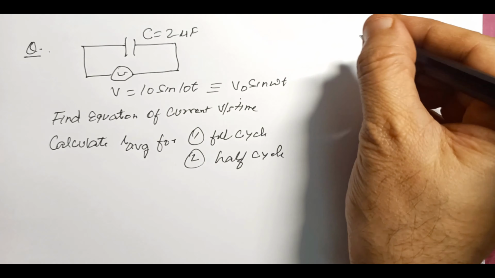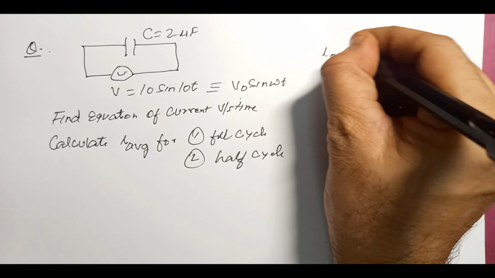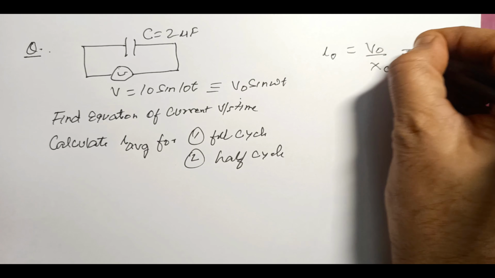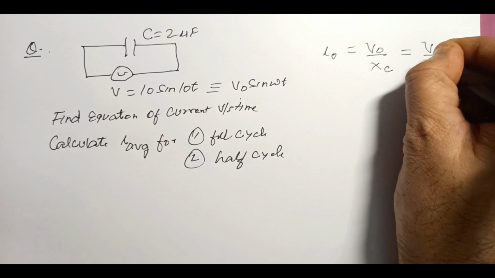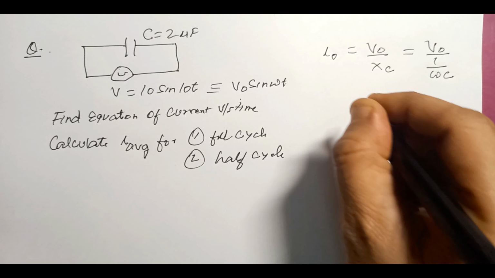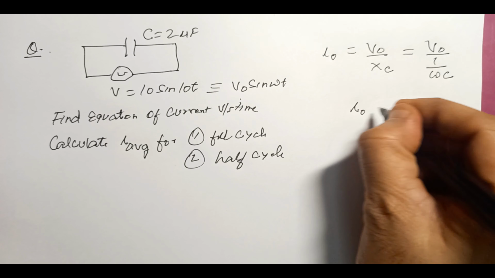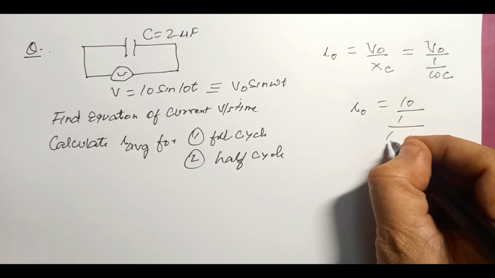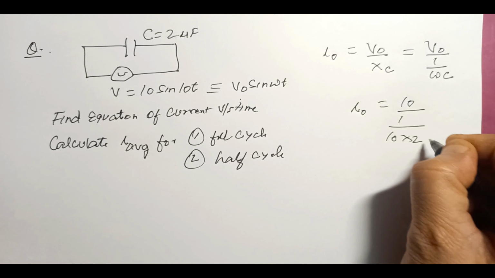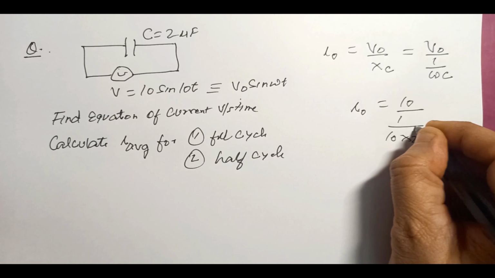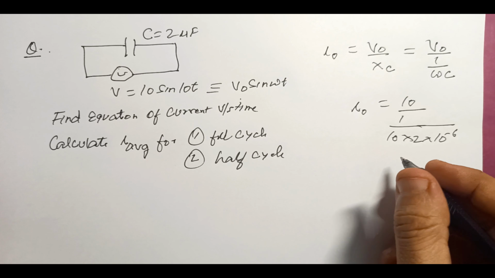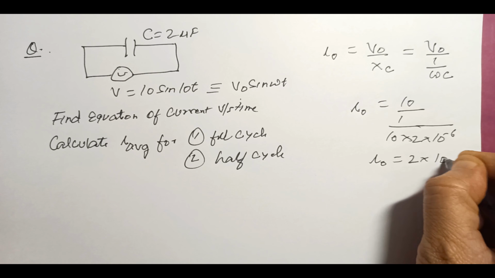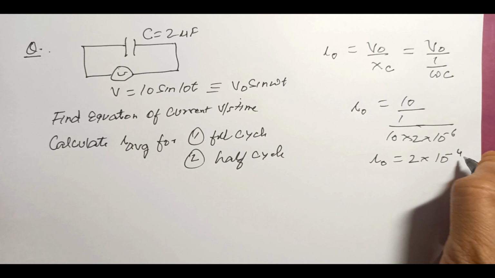Now I naught is equal to V naught by XC, which is V naught by 1 by omega C, this we have done. I naught is equal to 10 by 1 by 10 into 2 into 10 to the power minus 6, or I can say I naught is equal to 2 into 10 to the power minus 4 ampere.